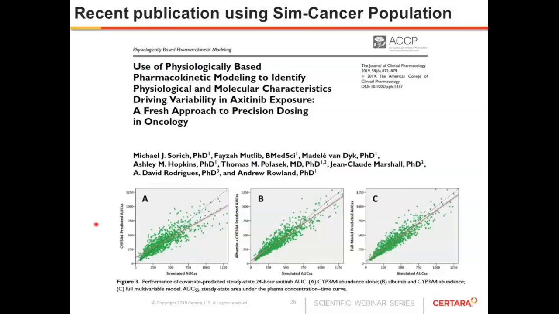So what they were able to look at in this case is the impact, for example, of 3A, and also the effect of albumin. And in this case, what they were able to show is that these covariates were both important for predicting and also driving variability in this compound's exposure.